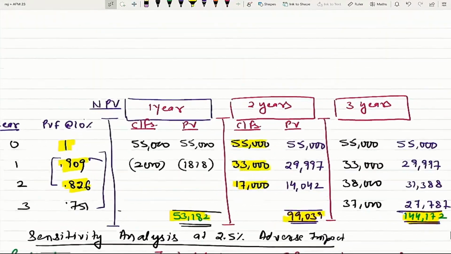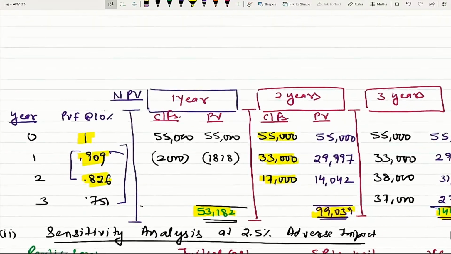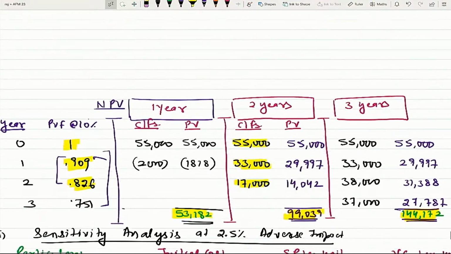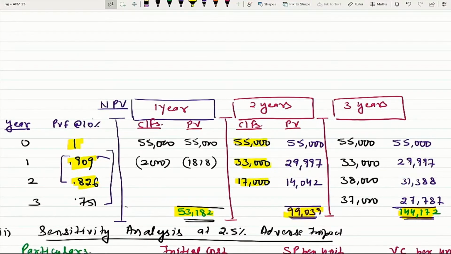In fact if you want to see that format, I've done that format here. This is exactly a similar line. 74th question I've prepared it. Year 0.909, 0.826, 0.751.